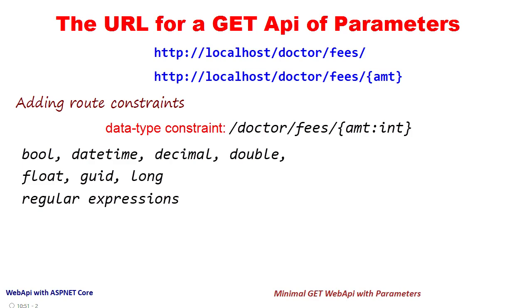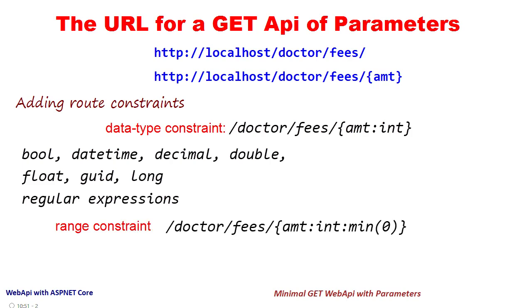And next, a range constraint can be added also. For example, we can specify a minimum value. A minimum value of 0 can be specified like this: doctor/fees/{AMT:int:min(0)}, followed by the minimum value that we want to specify.